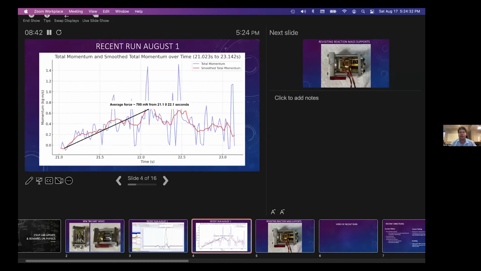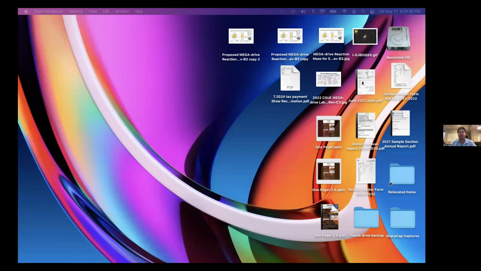So let me share the desktop and then switch out. And here is, I believe, run 5. Okay, move that. Oops.